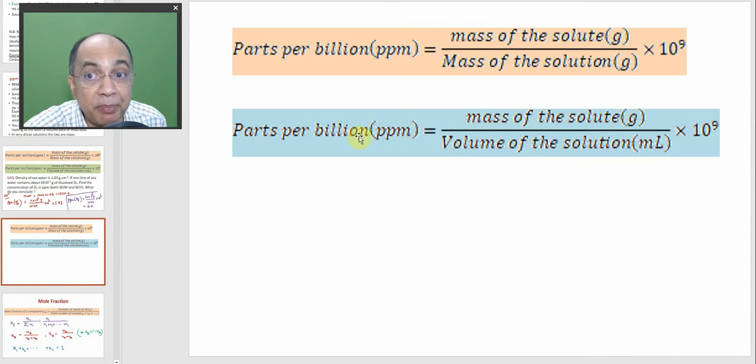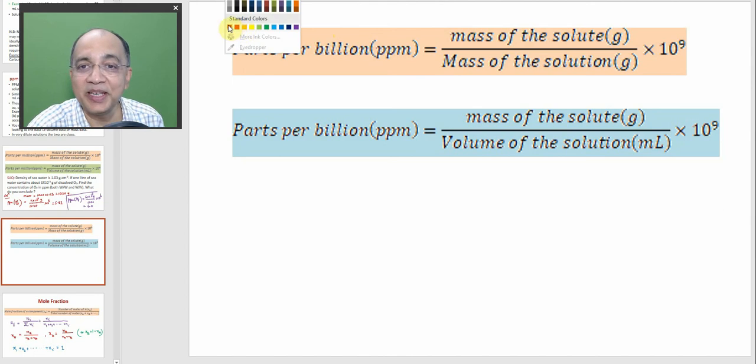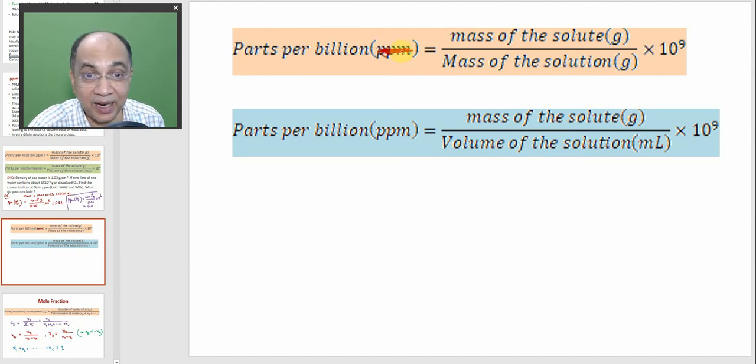Hold on. In ppb, this is parts per billion. This should be ppb. In a cut and paste mode, I have forgotten to change it to ppb. I'm so sorry. Better late than never. ppb. So ppb is same. Mass of the solute, mass of the solution into 10 to the 9.